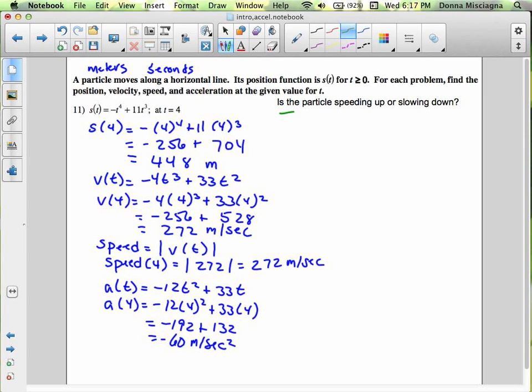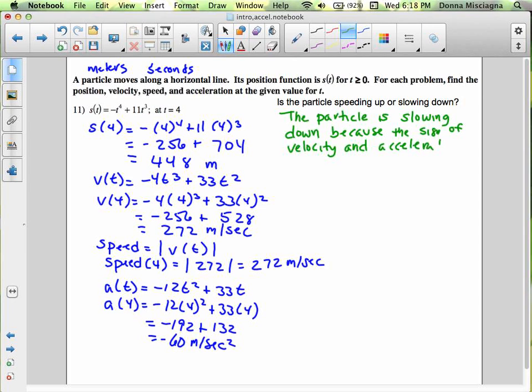So therefore, the particle is slowing down because the sign of velocity and acceleration are different at t equals 4 seconds.